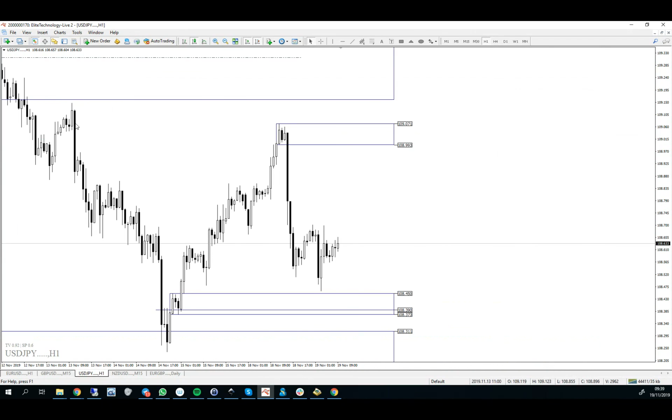If we have a key level and price is being bounced off a key level, not before, not after.